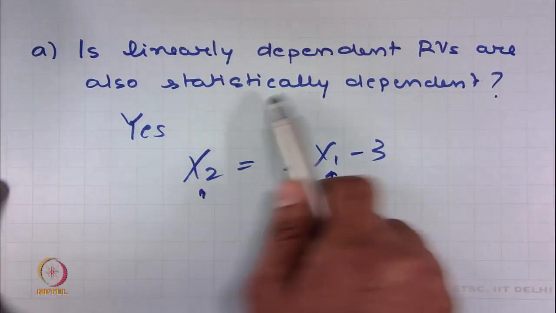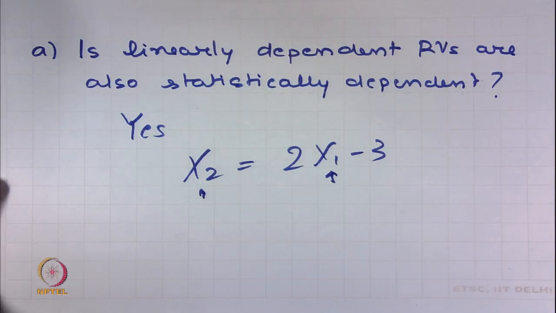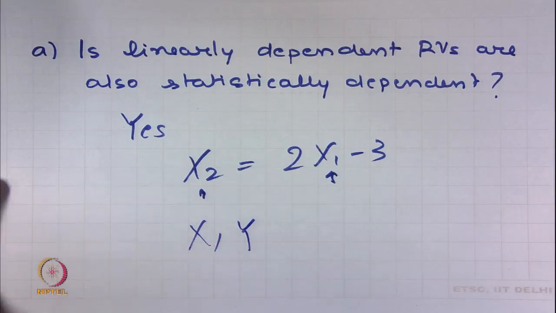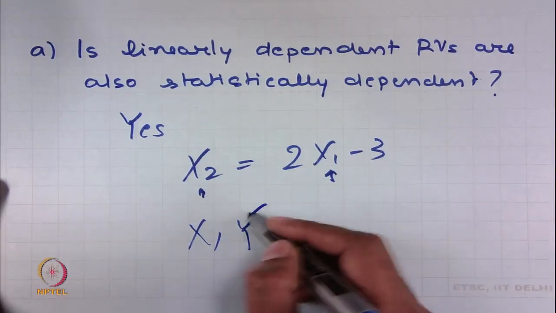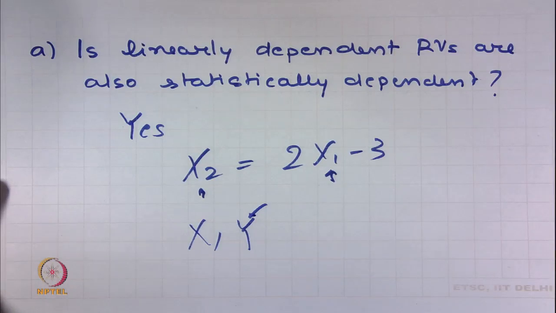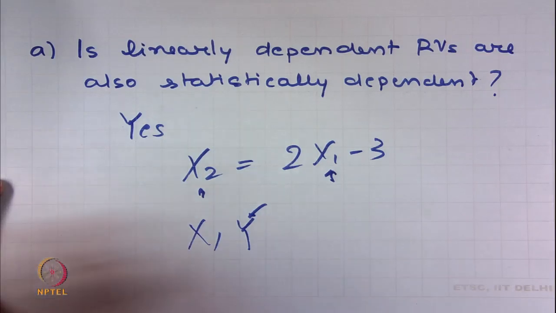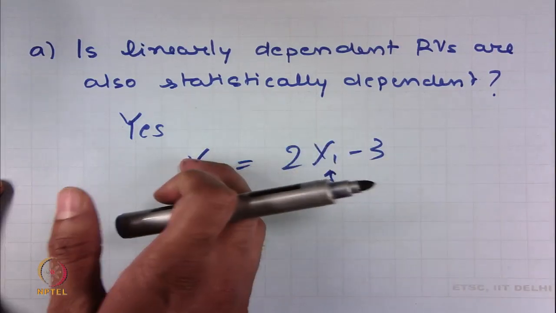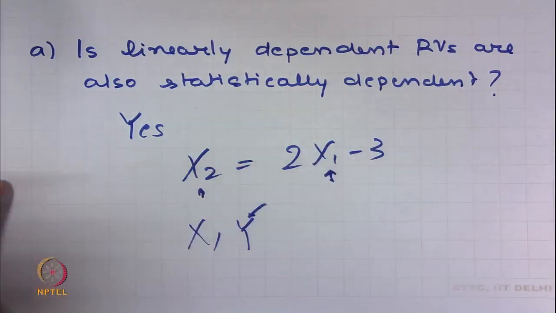When we are talking about statistical dependence, it simply means that once you know about a random variable, for example, if two random variables x and y are statistically dependent, it simply means that if you are observing y, your information about x has improved, but you would not know everything about x. Okay. So, if these are linearly dependent, that means you know everything about the other random variable, then these two random variables will also be statistically dependent, right.